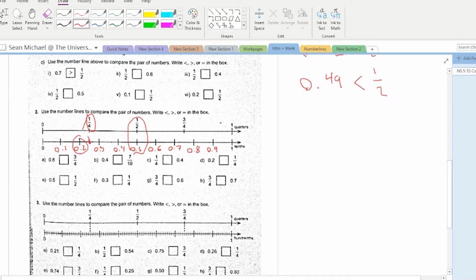And the same with 3/4. Is 3/4 bigger than 0.8? No, 0.8 is bigger than 3/4, because you see that it's further on the number line. And 0.7 is smaller than 3/4, as it's further back on the quarter line.